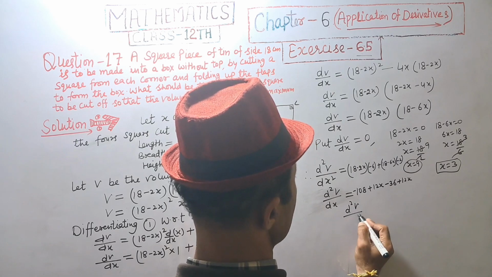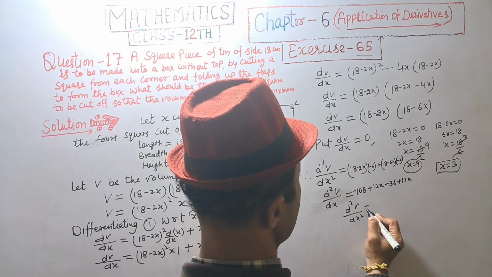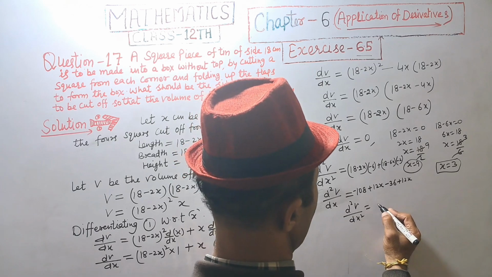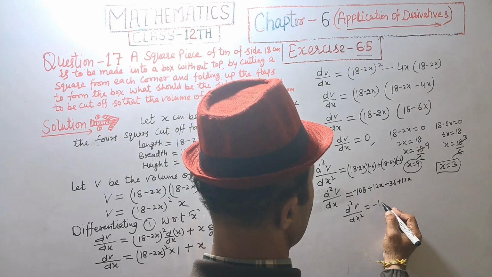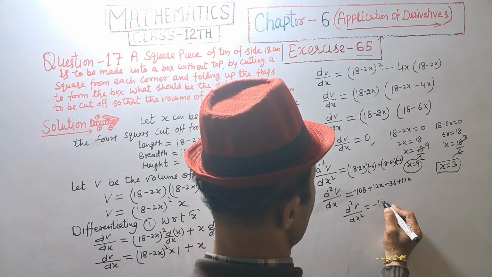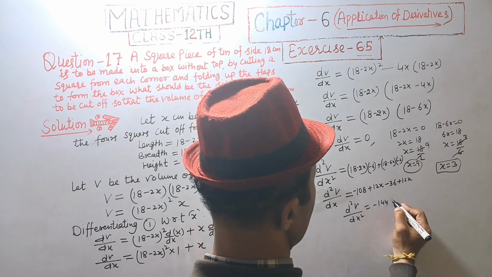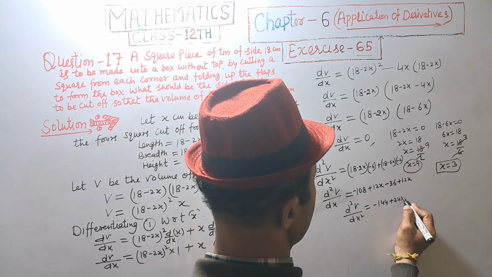Double derivative d square V upon dx square is equal to minus 144 plus 24x.